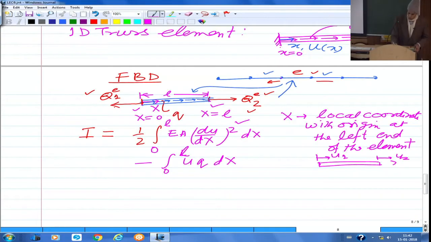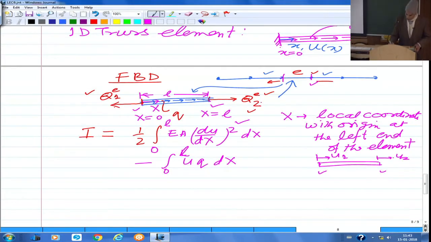So this is U2. What I am saying here is that when you apply the load and consider these 2 points within the domain, this point moves by a distance U1 along the length and this point moves by a distance U2 along the length. So these are the displacements at this point and this point.